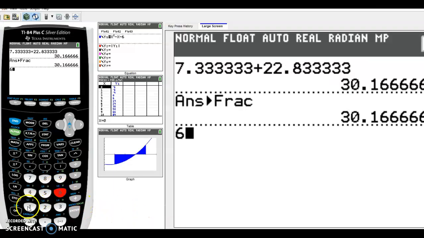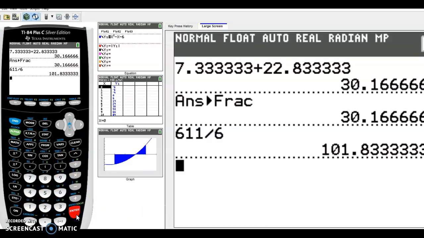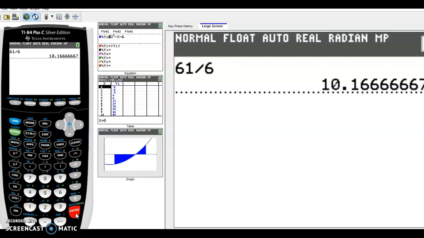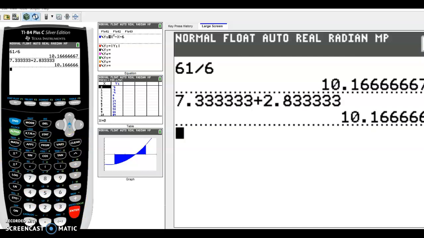What is 61/6? Let's try that again. 61/6. There we go. That's the number that we got before, right? When we had our other entry. So you can see that we got the same exact value that we should get.